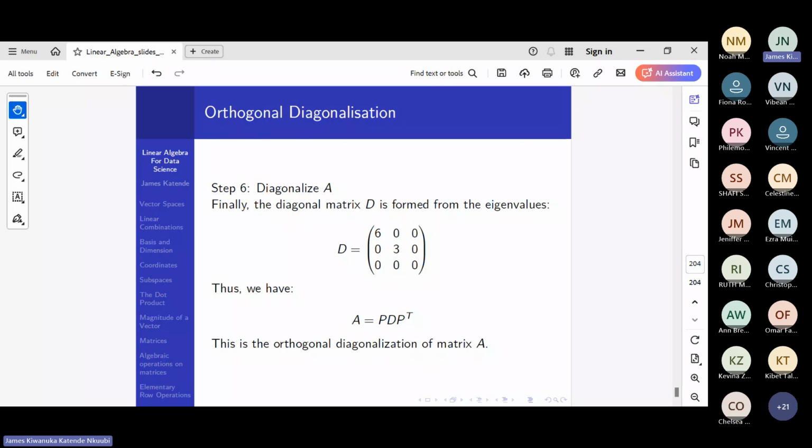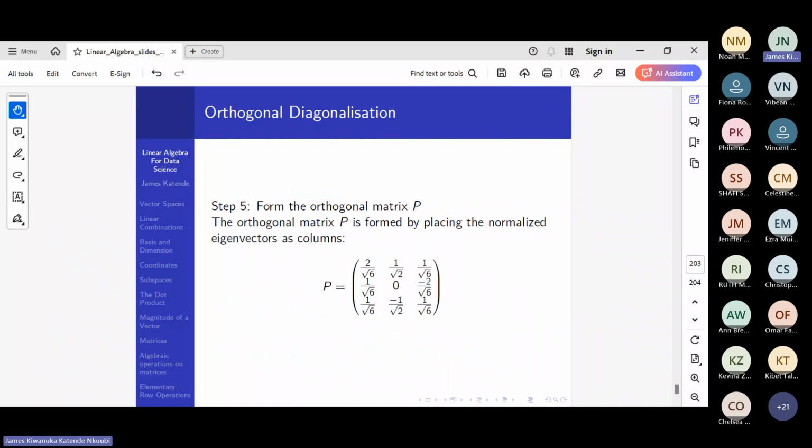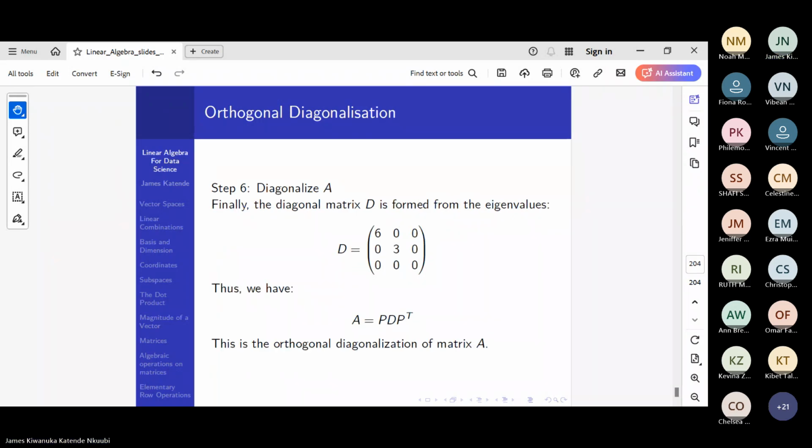And the diagonal matrix with the eigenvalues on the leading diagonal becomes your matrix D. Remember, the order in which these values are must correspond to the order of these eigenvectors. If you change this order, you must change the order of the eigenvalues as well.